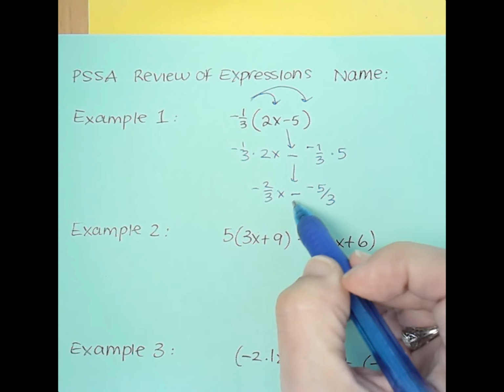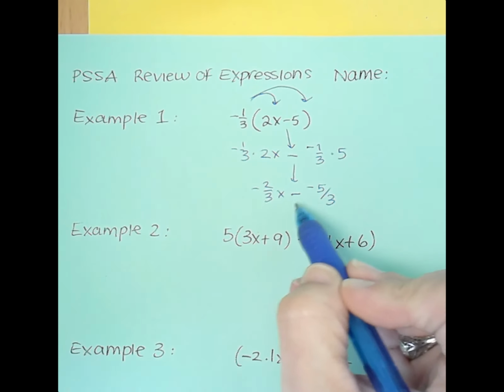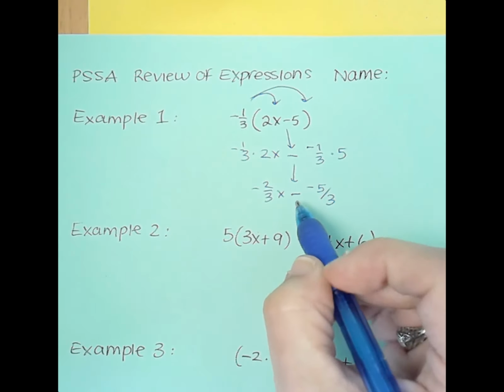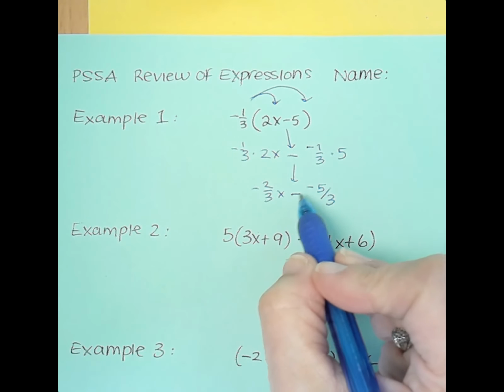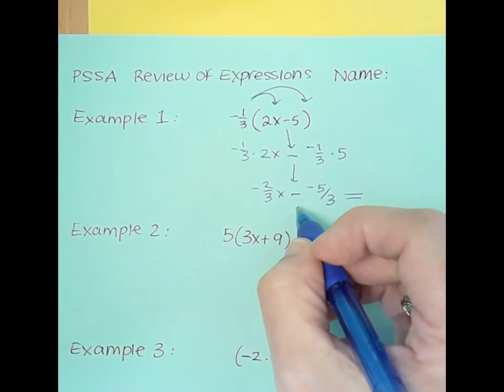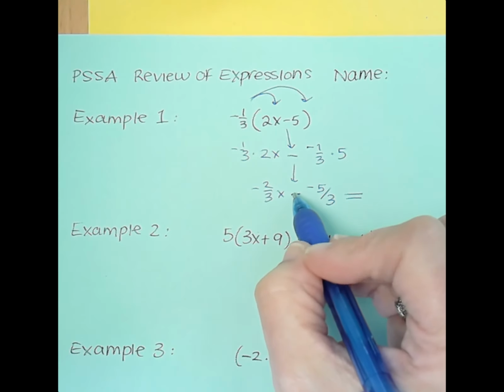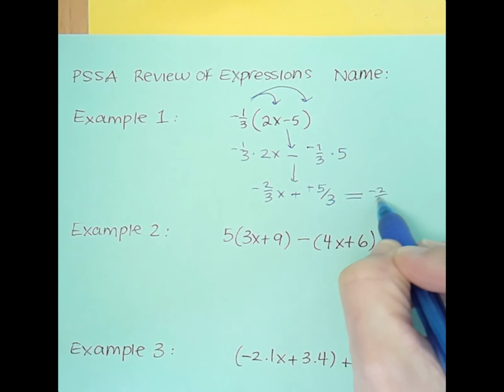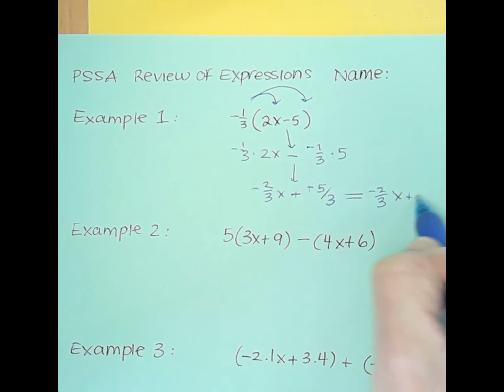It has been a long time since we've done integers and negatives, positives, all of those rules. So remember, subtracting a negative number is the same as adding a positive number. So the minus minus is going to become plus plus, and we end up with negative 2/3 x plus 5/3.